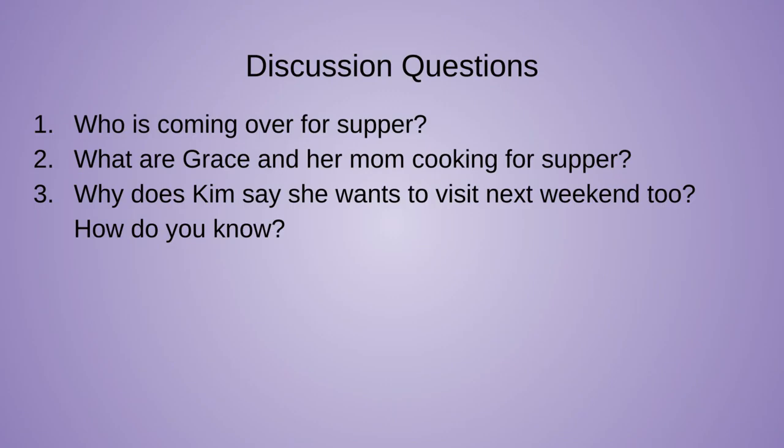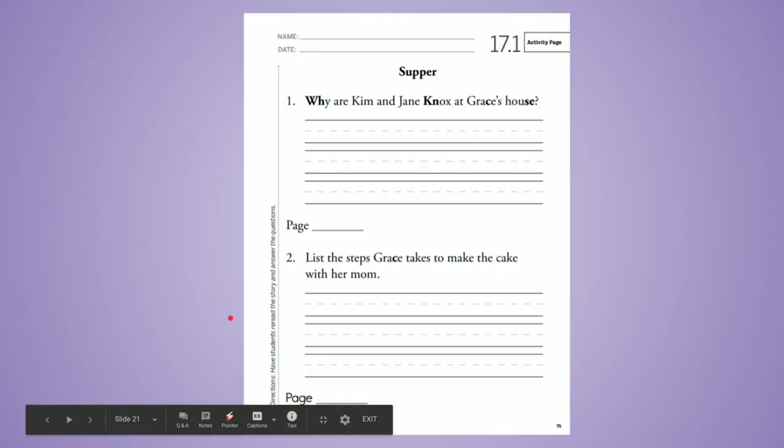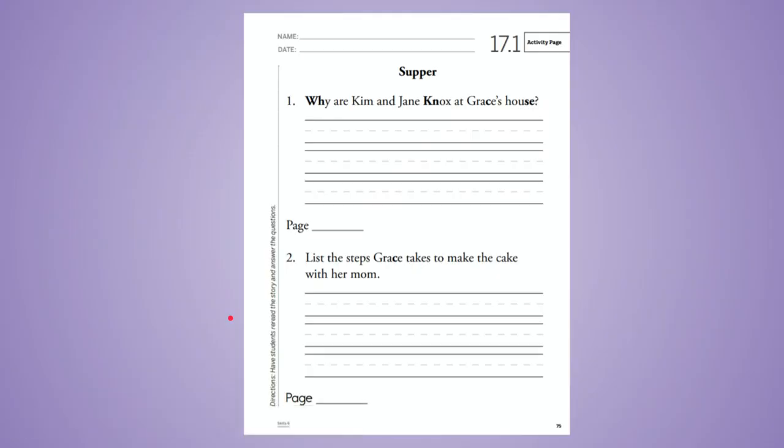Kim says that she wants to visit next weekend because she wants to have dinner with them again. And you know that because she says, "Yum, this chicken is the best. It's so much better than the stuff our dad makes." Ready for our questions? You need activity page 17.1.